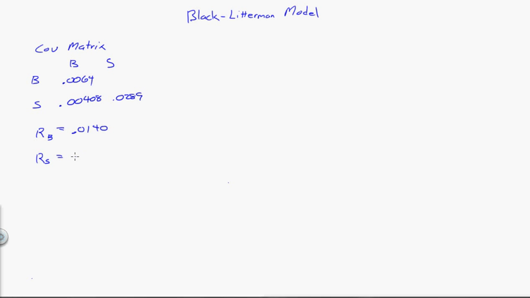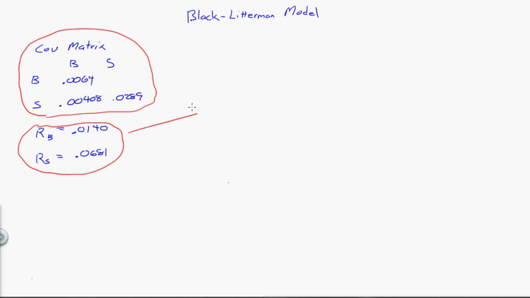Return on the stock is equal to what I put up there, 0.0681. And now I can plug this. So I have the covariance here, returns here, plug those into the optimizer, into a real nasty equation, and what comes out are the weight of stocks and the weight of bonds. And in this case, I know it's going to come out to be 75% and 25%.